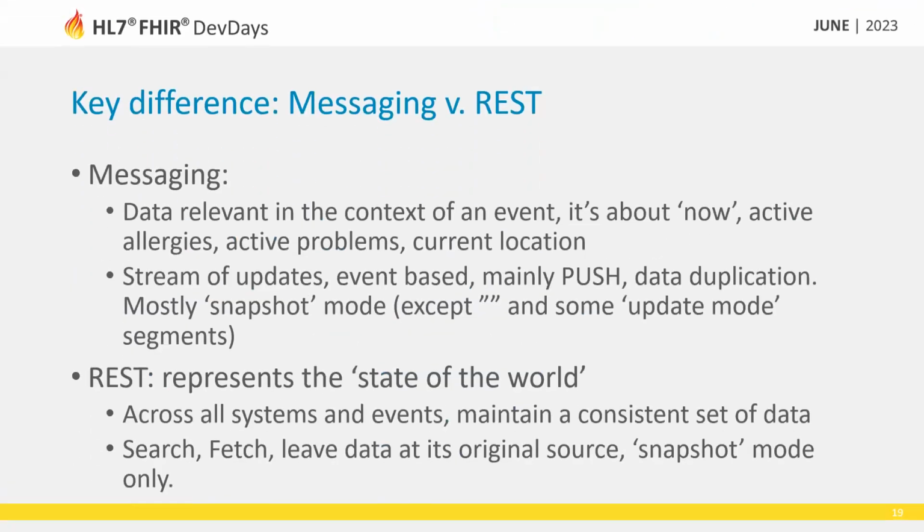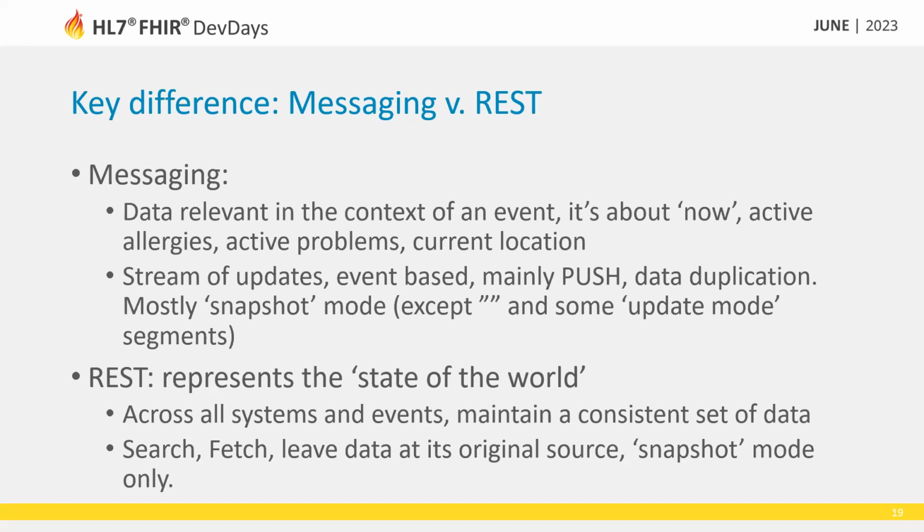continue with my comparison. The key difference, if you start doing a comparison between the two, lies in the fact that one is a messaging exchange paradigm, whereas FHIR is mostly seen as a REST exchange paradigm. And that's a fundamental difference. So most of the difficulties, if you're trying to do mapping between the two, lie in that particular area.